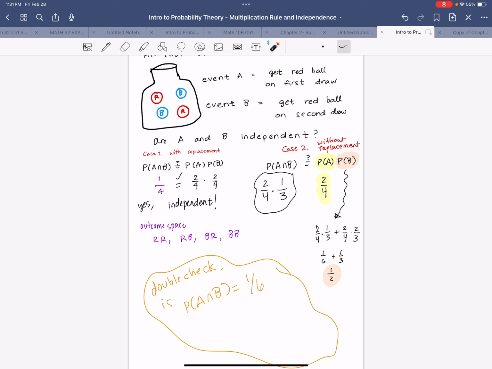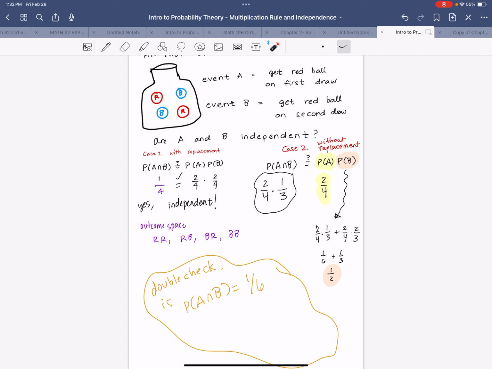Remember how I got this: 2/4 is the probability that you draw red. And now, because we're not replacing, when you remove that red one, you now have a 1 out of 3 probability to draw a red on the second.